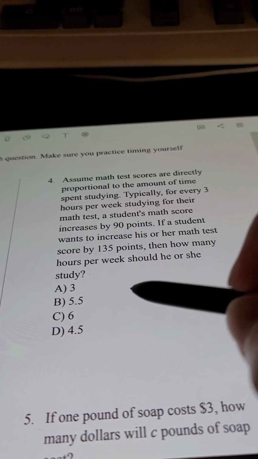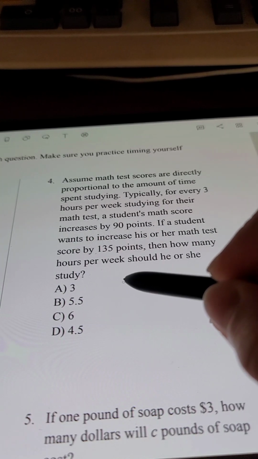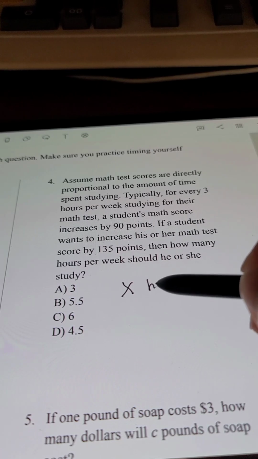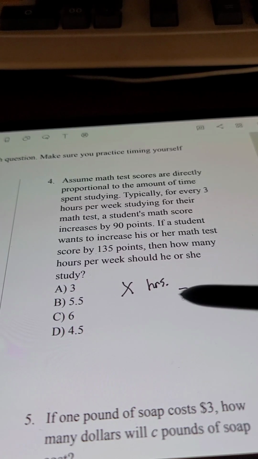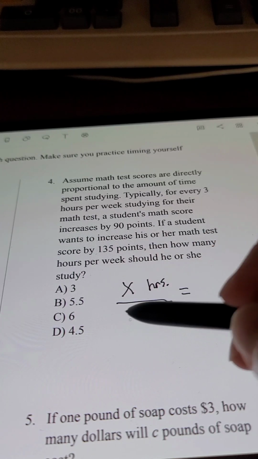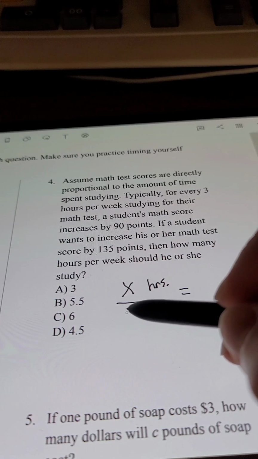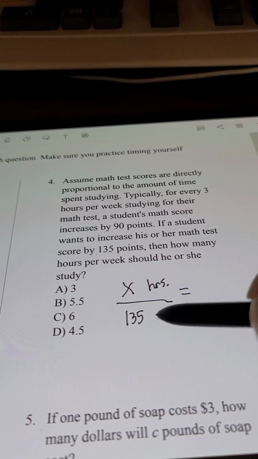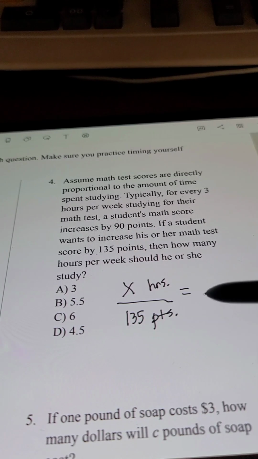So the relationship here is the X hours that they're going to be studying per week over the increase in their score by 135 points, like their score going up by 135 points.